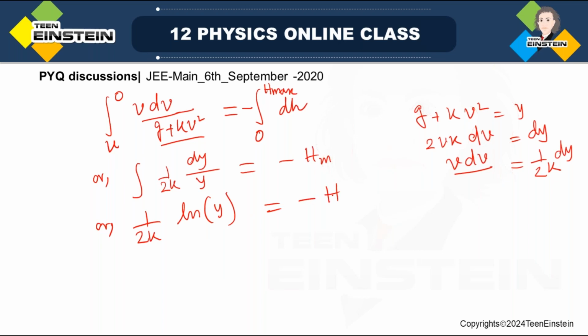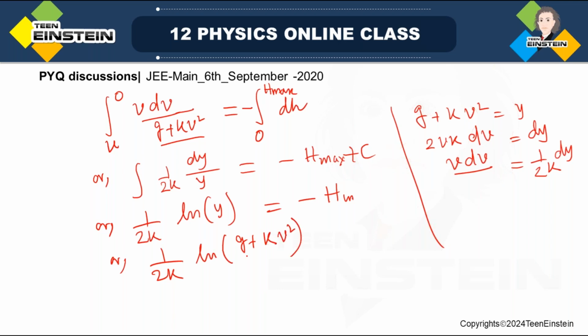There will be a constant c in an indefinite integral, not a definite integral, and this is h max. So ln of g plus k v square, I'm just putting the value of y, and this has a limit u to 0, minus h max.